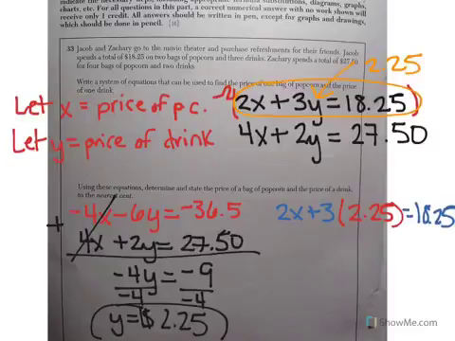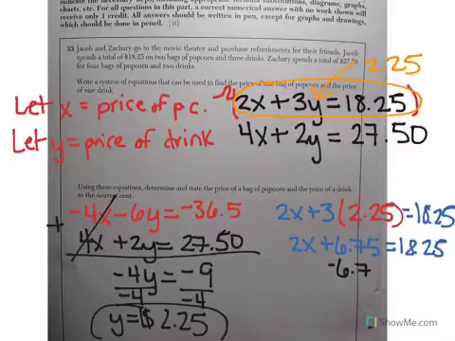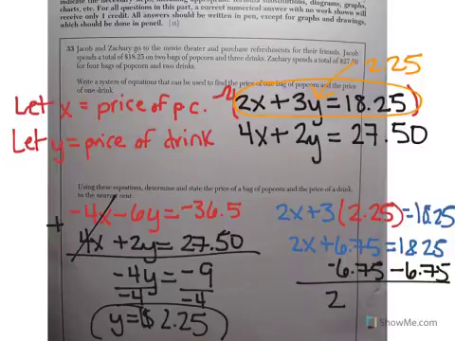So I'm going to multiply the 3 by the 2.25, and I'm going to end up with 6.75 plus 2x equals 18.25. So now I'm going to subtract 6.75 from both sides to get my x alone. I will end up with 2x equals 11.50.